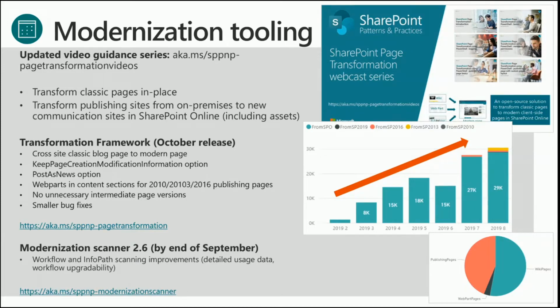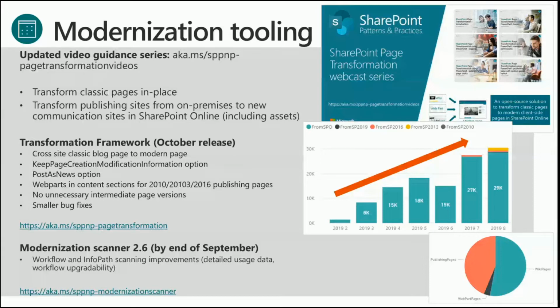So we keep that. You can combine that with post as news. So it's pretty easy now to just modernize the page, keep the same information, same author, same editor, etc., and then also post as news. And then you'll see in the news roll-up that this page was posted by that original author on that particular date. So things just stay as is as part of the transformation.